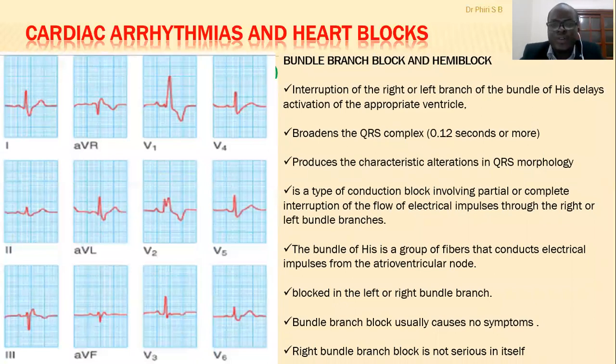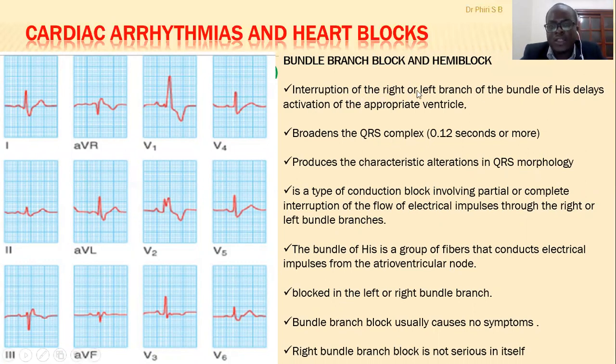Then you have bundle branch blocks or hemiblocks. So you're looking at maybe the left bundle branch or the right bundle branch, or the anterior or the posterior branches of the left bundle branch. What happens when you have bundle branch blocks or hemiblocks?